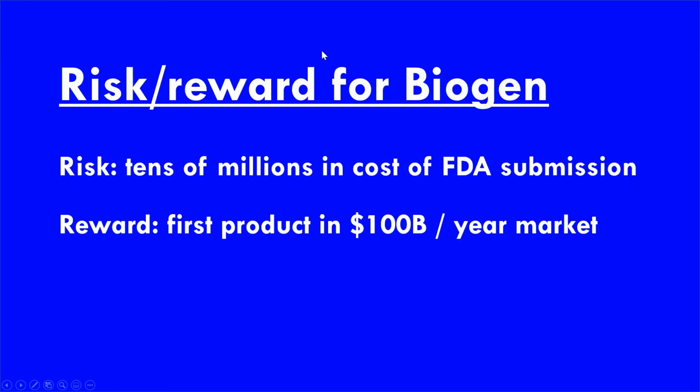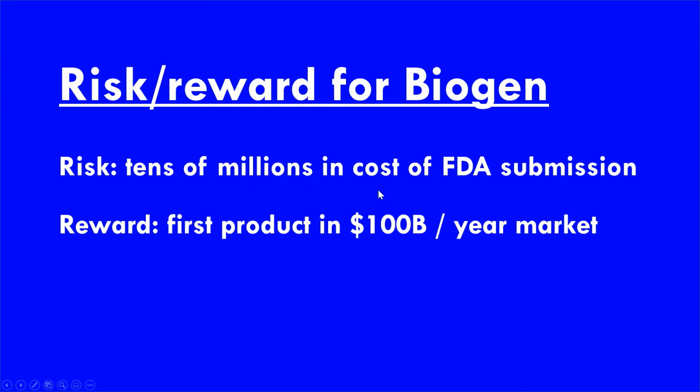And in this case, the risk reward for Biogen is pretty positive. So the risk, or really just the cost of submitting this, is, I don't know, maybe tens of millions of dollars to put together an FDA submission, submit the document, go back and forth with FDA. So that's the cost. And then the reward is they could be the first product in a $100 billion a year market. This could be potentially one of the biggest drugs ever.